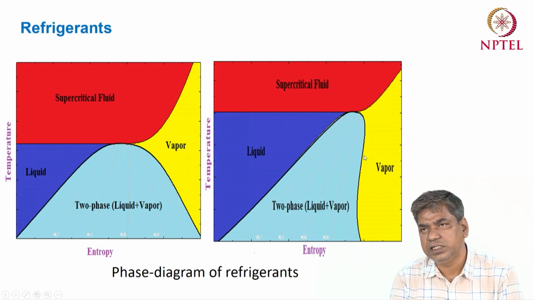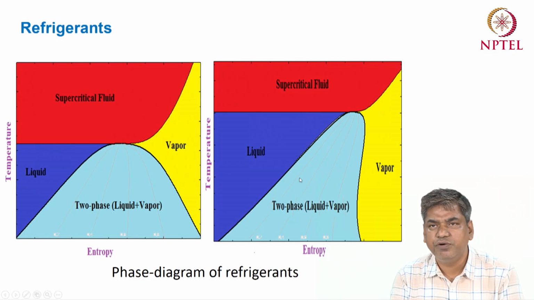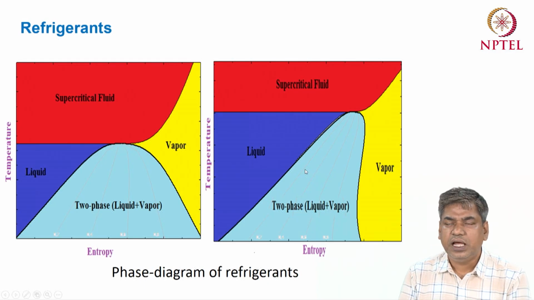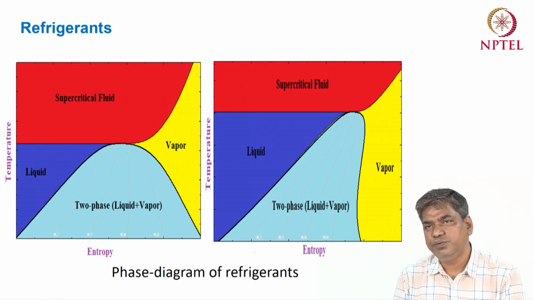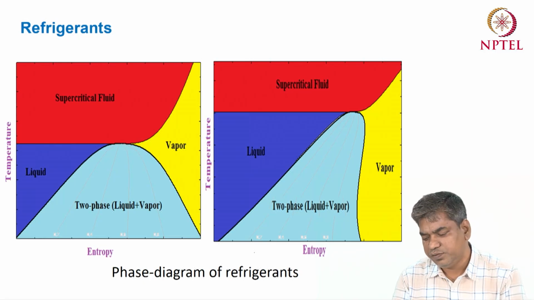So for this case, if you use isobutane and expand from any saturation point, we can see that it will come in a superheated zone. So that's why ammonia is called the wet fluid and isobutane is called the dry fluid.